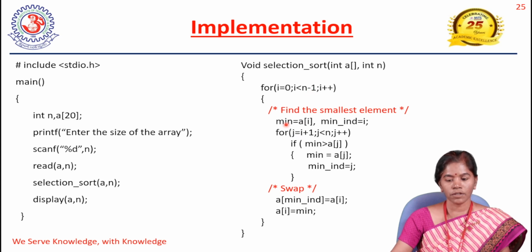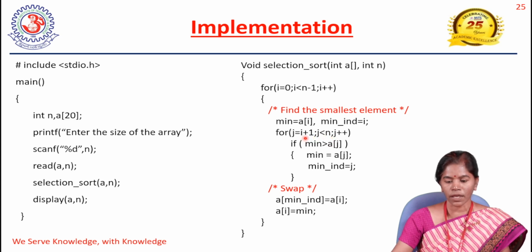First, we find the smallest element. Initially, the first element is taken as the minimum one, and its index is stored in the variable min_int. Then we compare this minimum element with the remaining elements. To find the smallest element in the first pass, we compare the minimum value with the remaining n minus 1 elements.